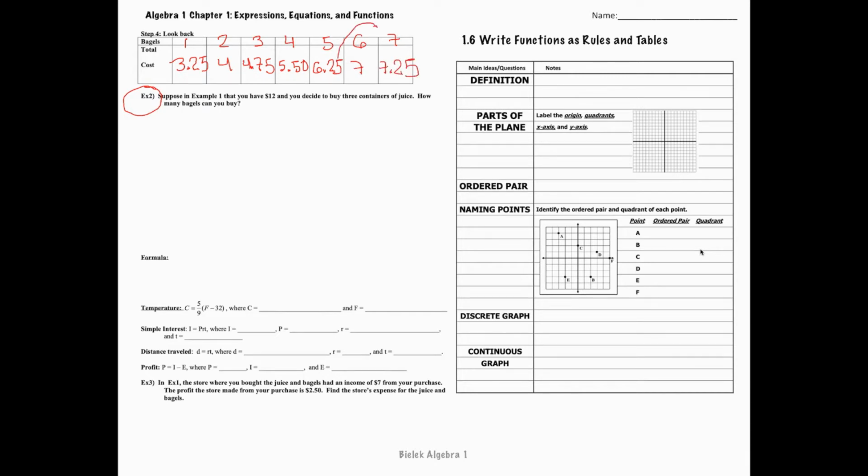So because we had $7, 6 is the correct answer. I don't expect you to go that detailed to look back, but if you feel like you're struggling, that might be a good strategy. So example 2, go ahead and try on your own.